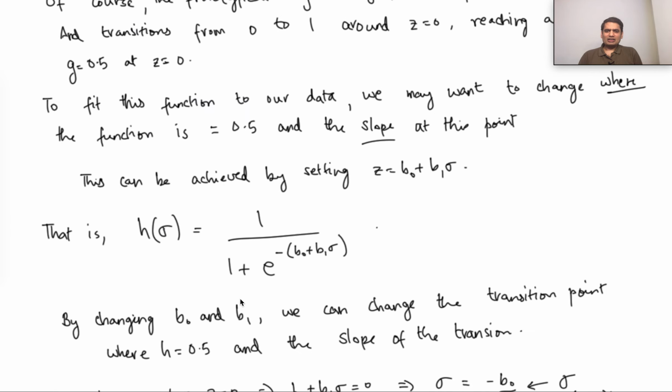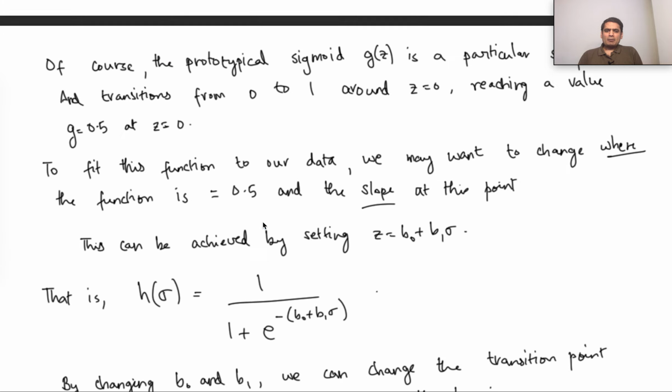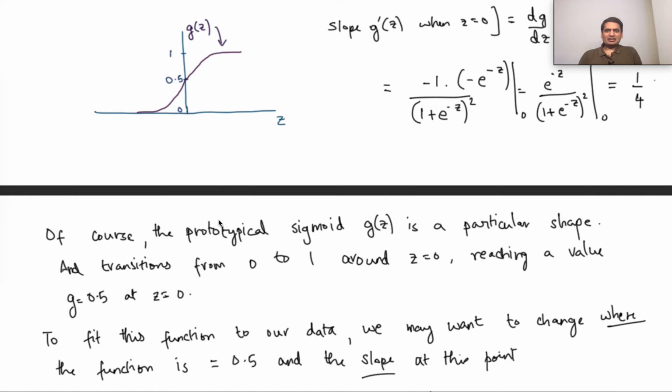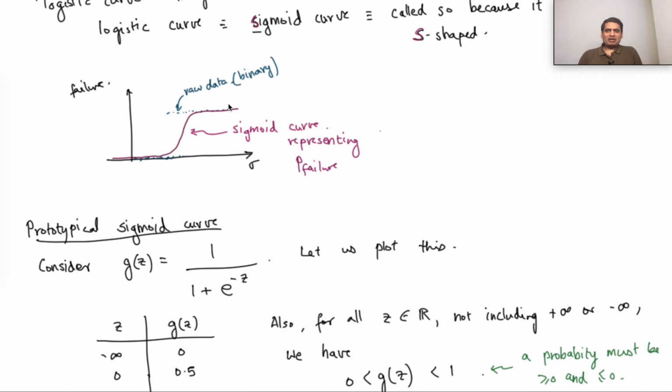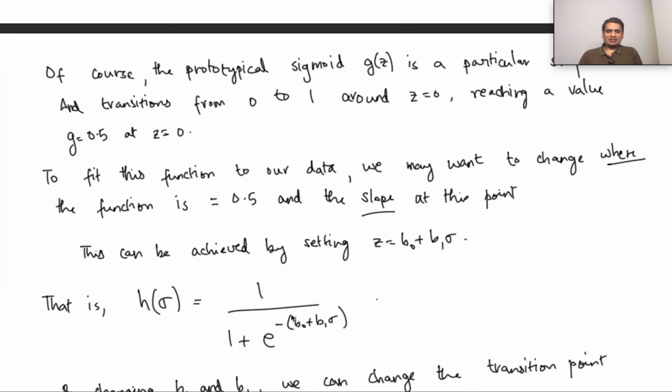And it turns out that if instead of z you replace z with this linear function of sigma, where z is actually b naught plus b1 sigma, the whole function that you're trying to approximate to this data is 1 over 1 plus e power minus, within brackets, b naught plus b1 sigma.